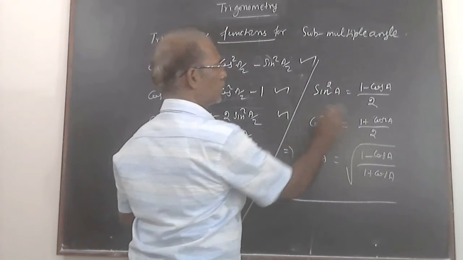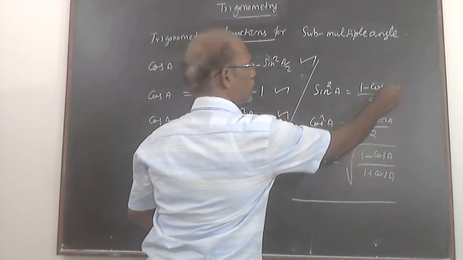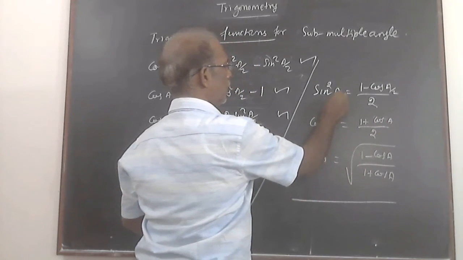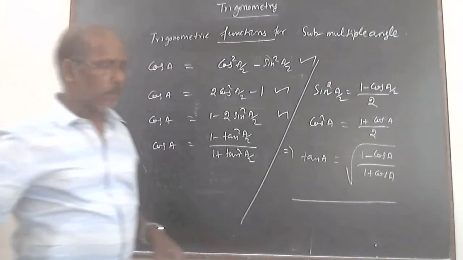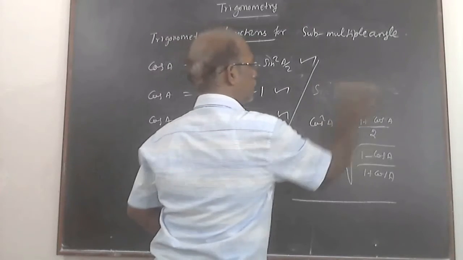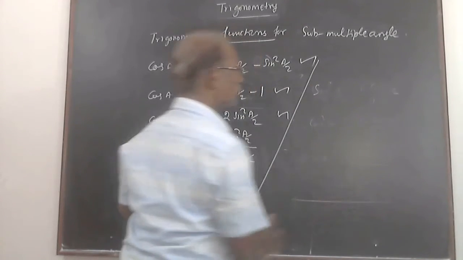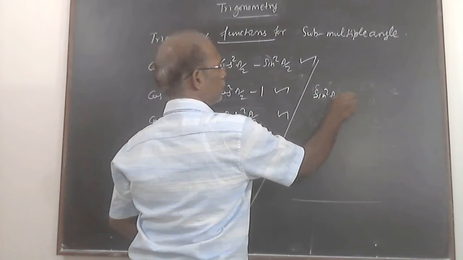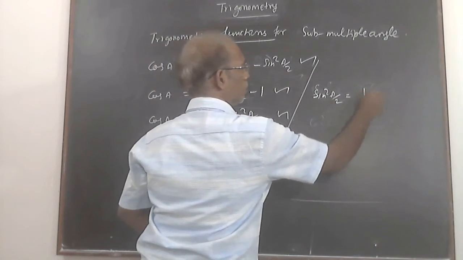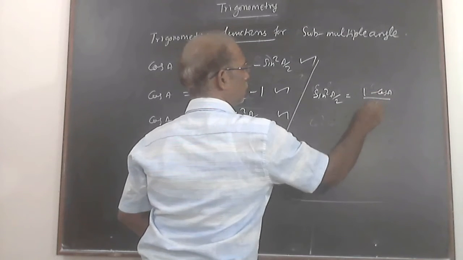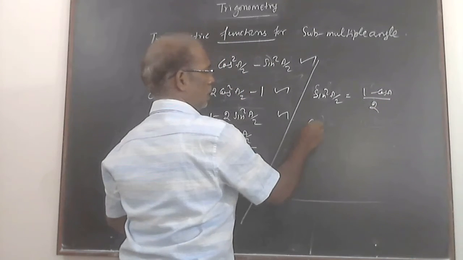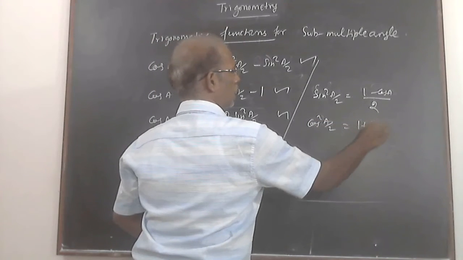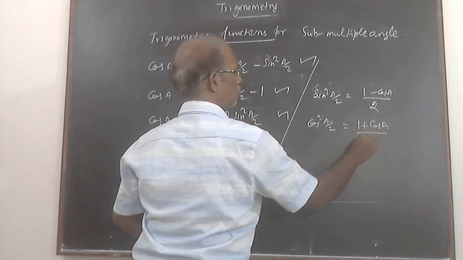And this is sin square A, meaning cos A by 2 and sin square A by 2. I need to change something. Yes, sin square A by 2 is 1 minus cos A by 2, and cos square A by 2 is 1 plus cos A by 2.